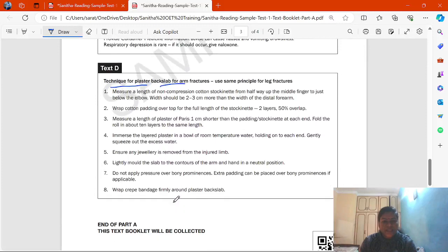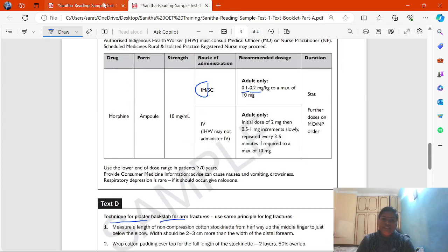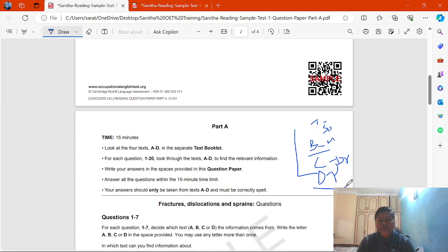So it is not there. Extra padding can be placed over bony prominence. I told you, if it is not there in B, we have to go to the next one. B is also talking about management.